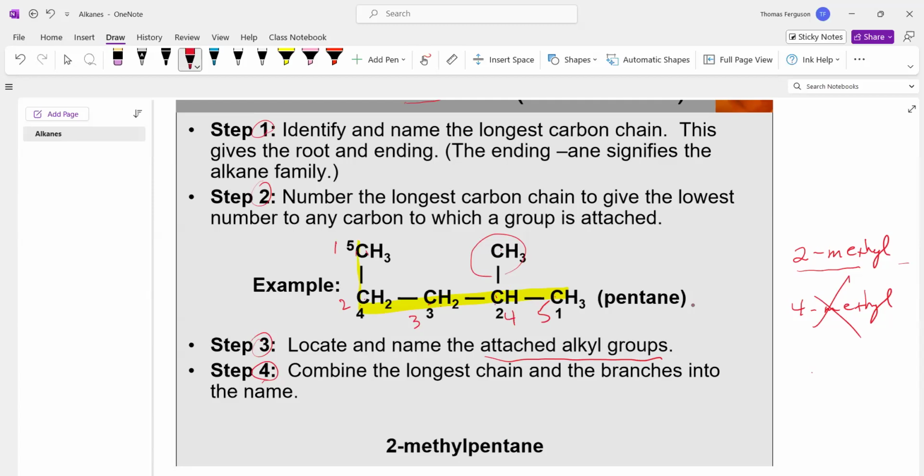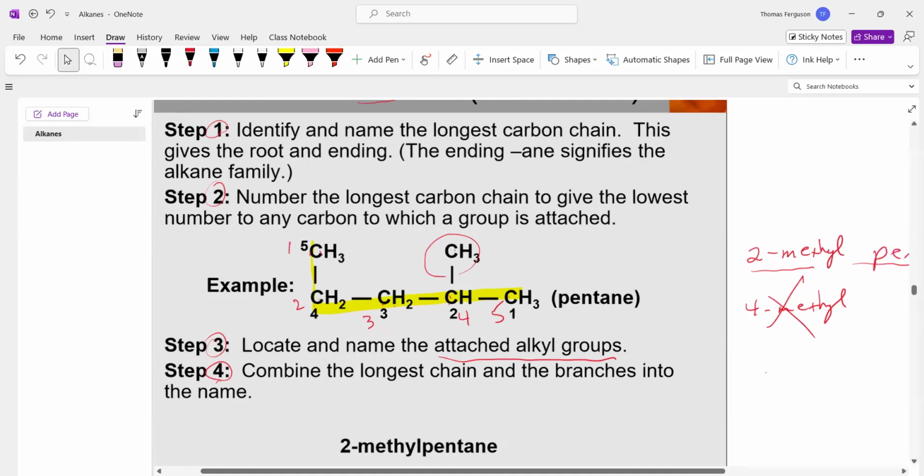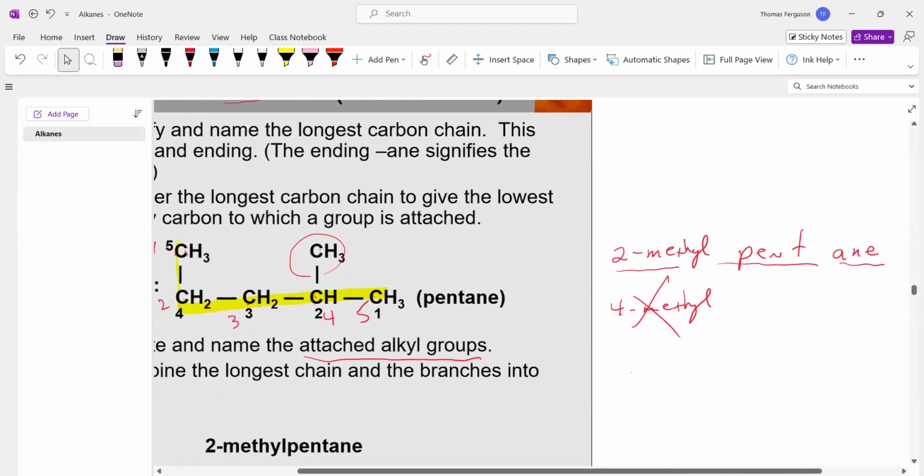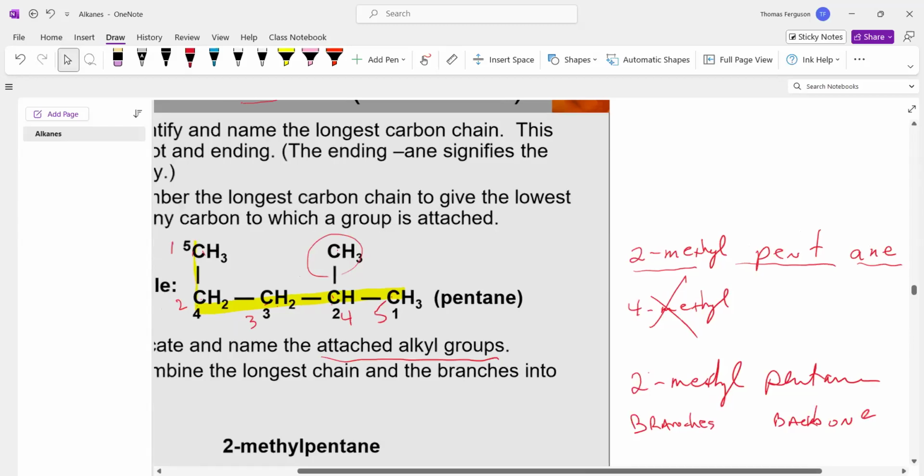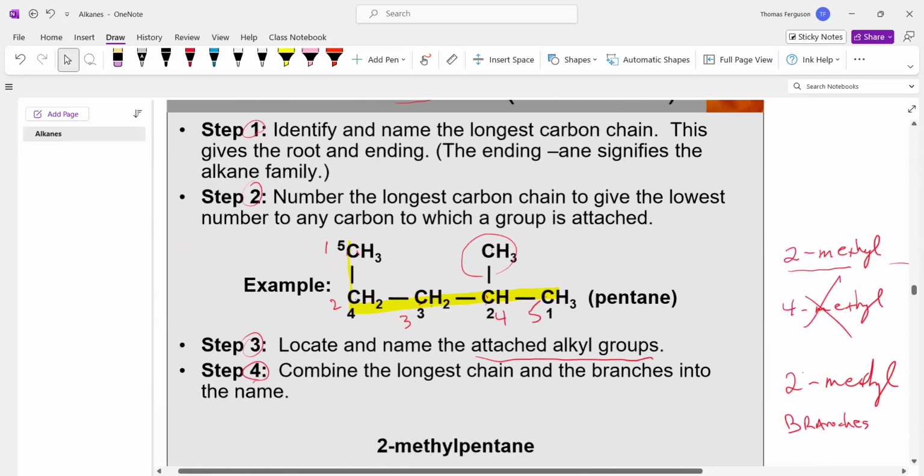Now, I frequently leave a space between the branches and the backbone. For this slide, they put them together. I like to keep them separate because for you, it's cleaner.